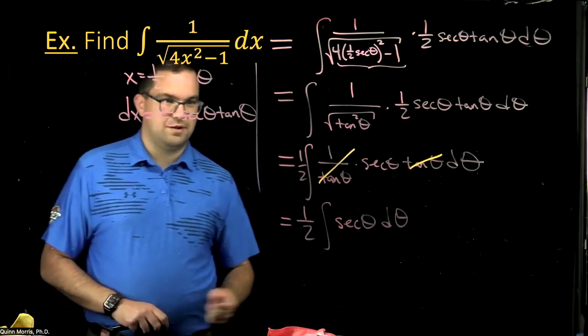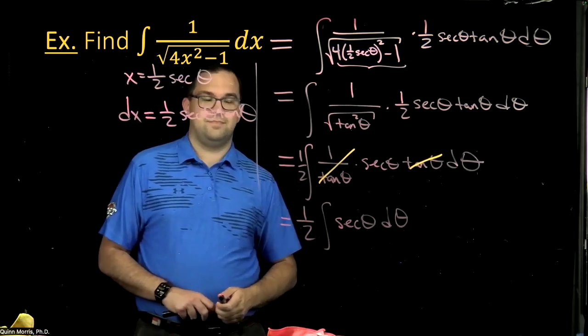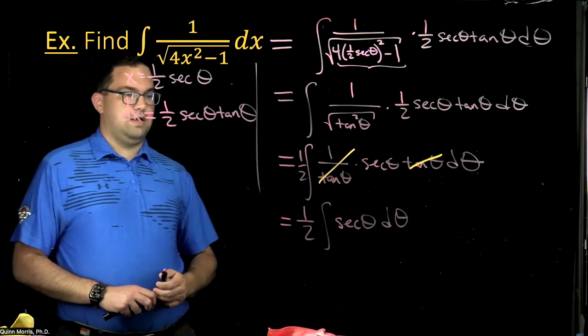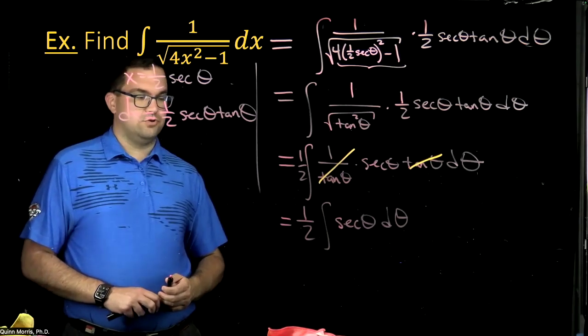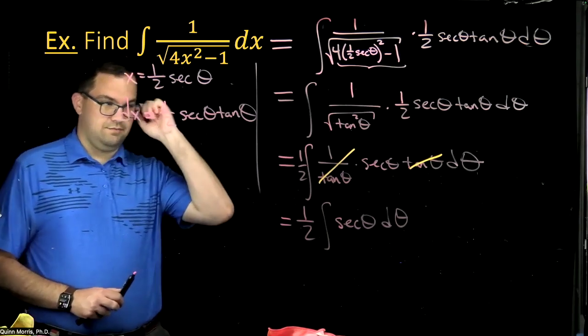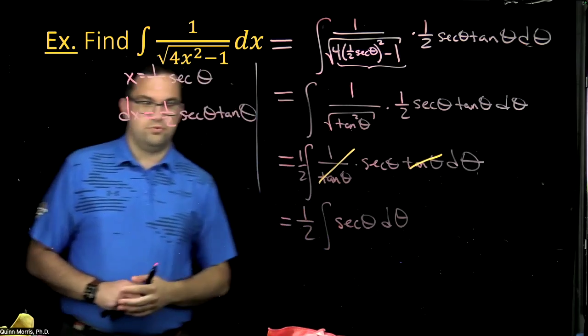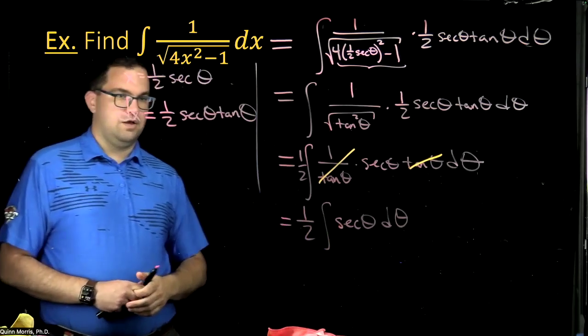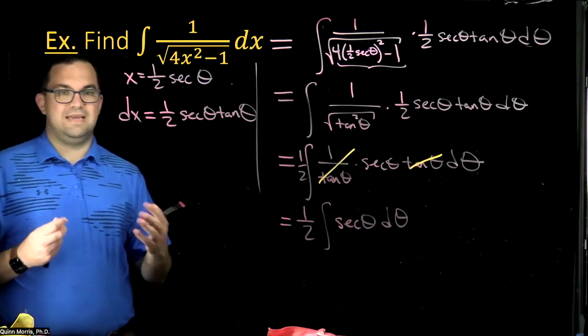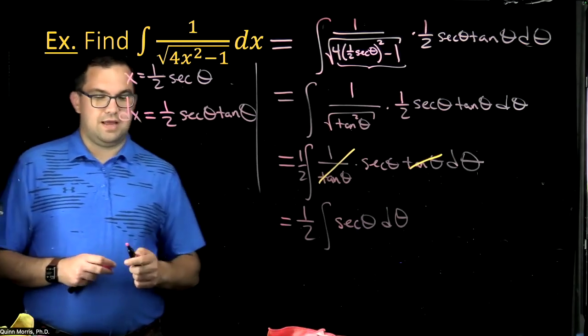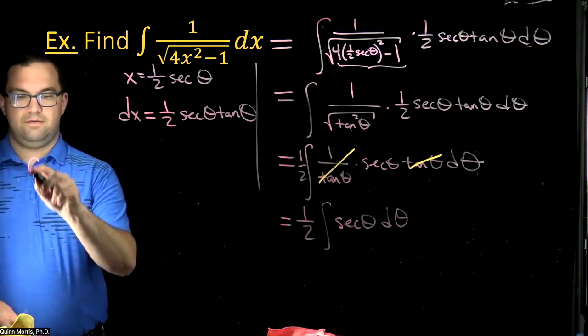Now, of course, the question then becomes, how on earth do I integrate that? The answer is that if you wanted to actually go through the process here, you could do some sort of tricky integration by parts. Again, I don't want to emphasize that.